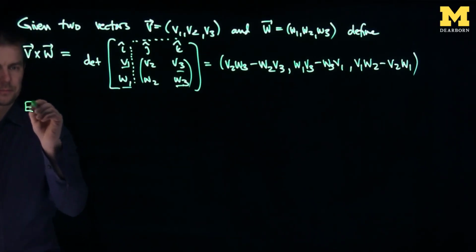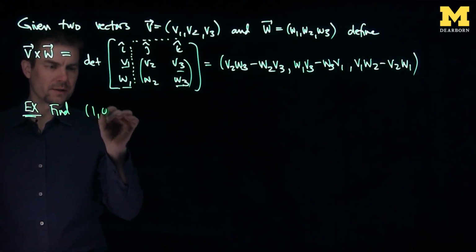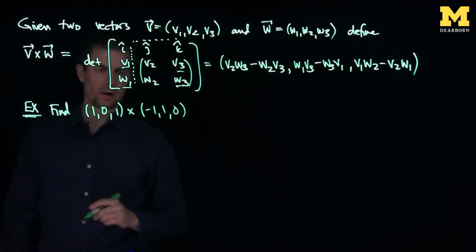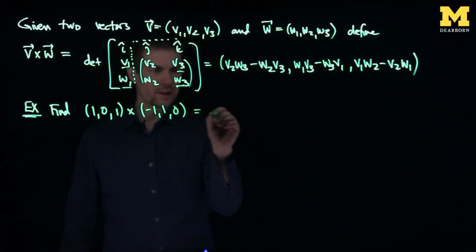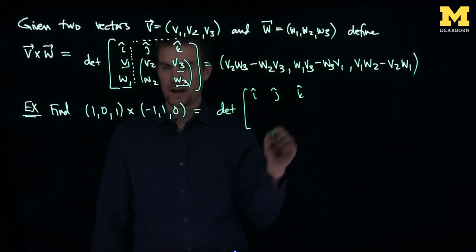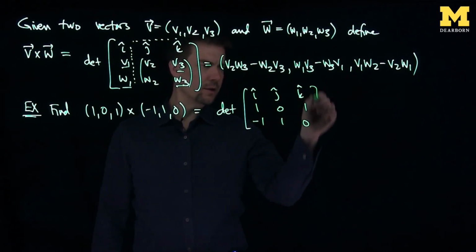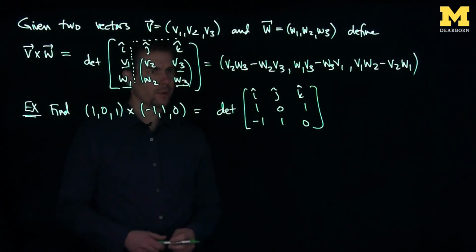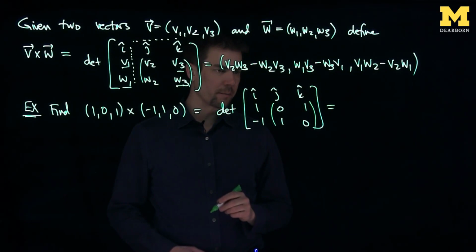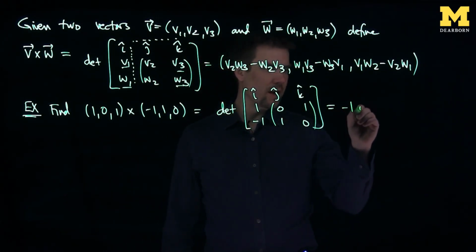So let's see an example of doing this. Let's find 1, 0, 1 cross negative 1, 1, 0. We'll use this definition. This will be the determinant of i hat, j hat, k hat, then 1, 0, 1, and then negative 1, 1, 0. The i entry will be the determinant of the submatrix 0, 1, 1, 0, which gives negative 1 i hat.